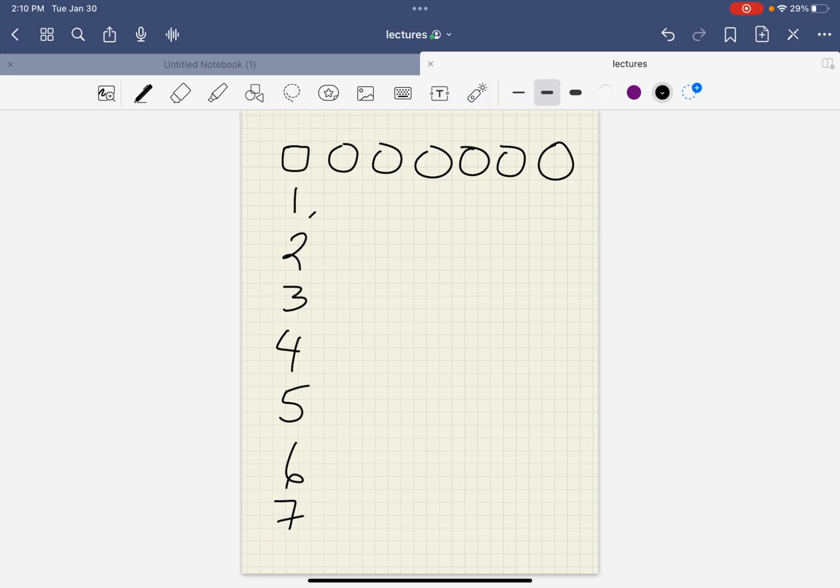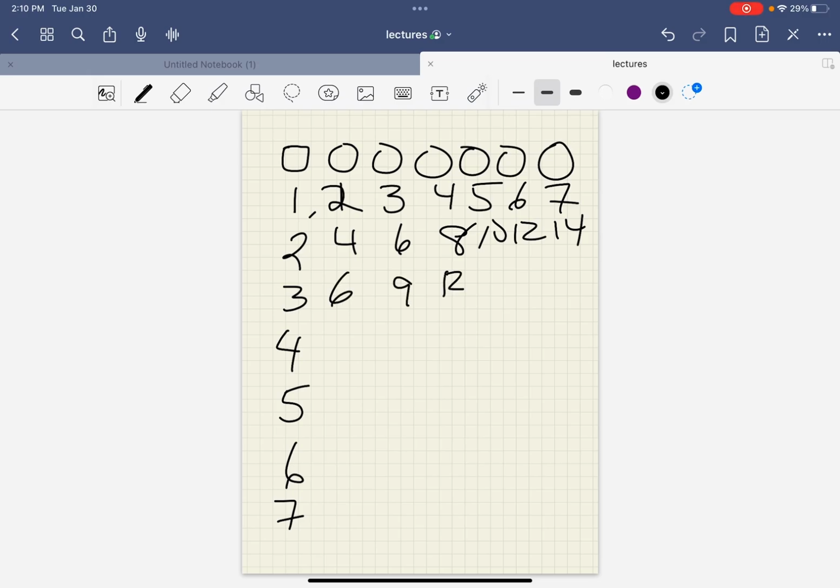Then for ones, we count by 1. Oops, that's a 2, 3, 4, 5, 6, 7. This is count by 2s: 2, 4, 6, 8, 10, 12, 14. By 3s: 3, 6, 9, 12, 15, 18, 21. By 4s: 4, 8, 12, 16, 20, 24, and 28.